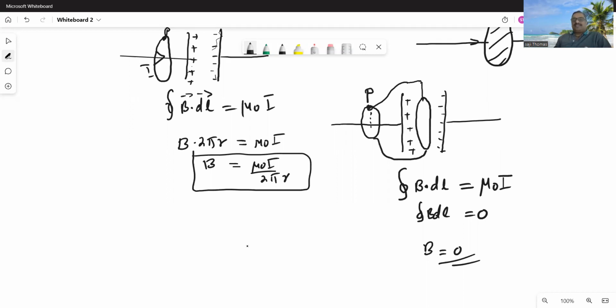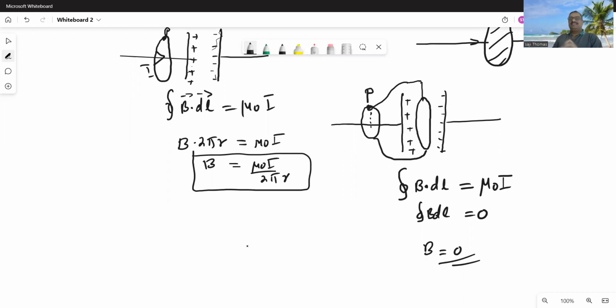Why this contradiction? We know that there is no current between the capacitor plates, because between the plates there is nothing, only air. Current cannot pass through.